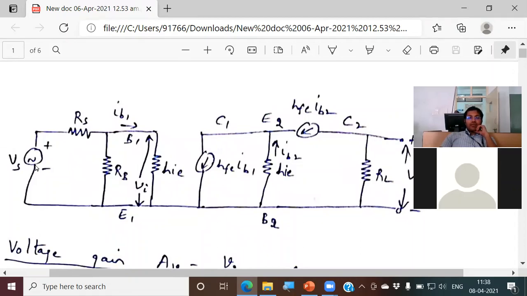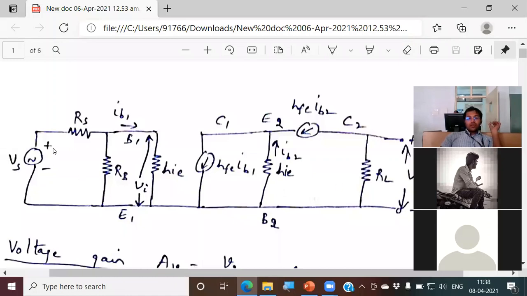Very good. Vs replaced by short circuit. RL replaced by what? Open circuit. So Vs is replaced by short circuit, and RL is replaced by open circuit.